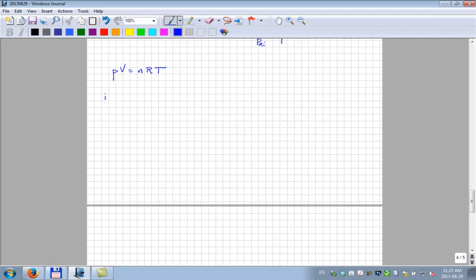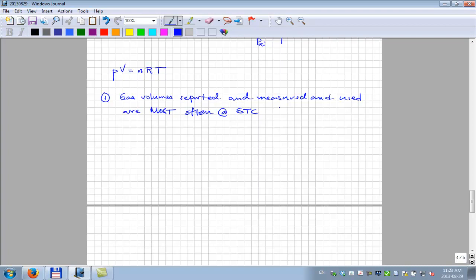So the first thing I want to make comment about is that gas volumes in general, okay? Gas volumes reported and measured and used are, I won't say always, but most often at standard conditions, okay?